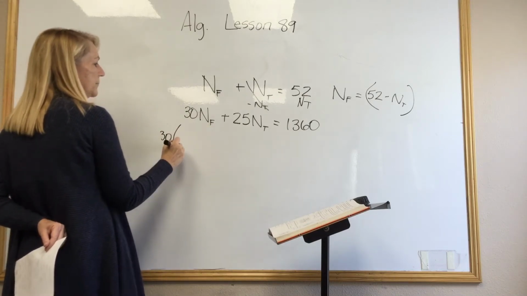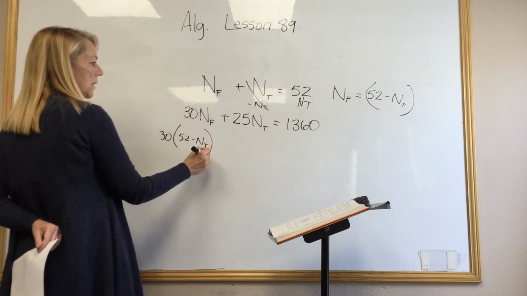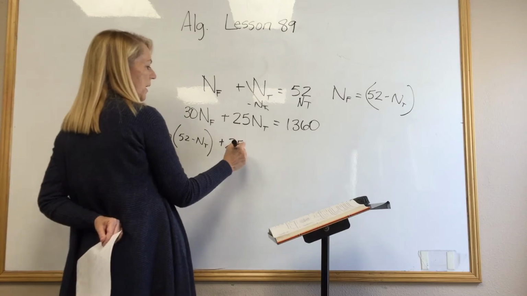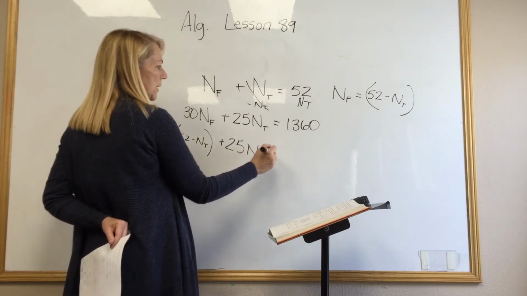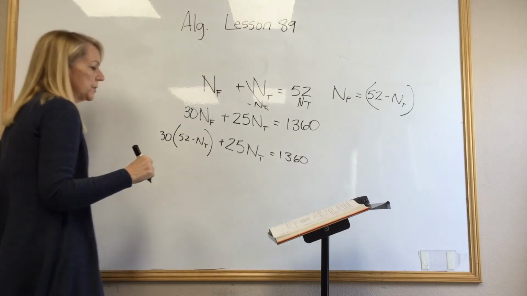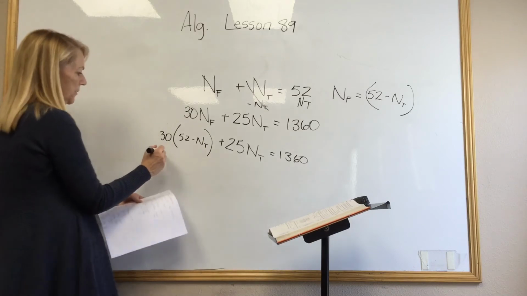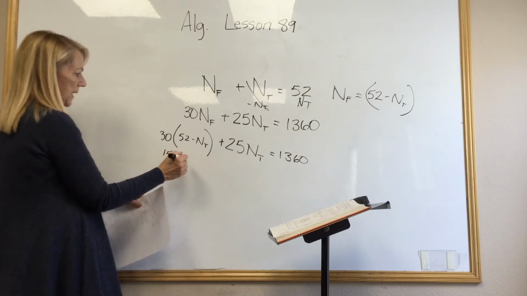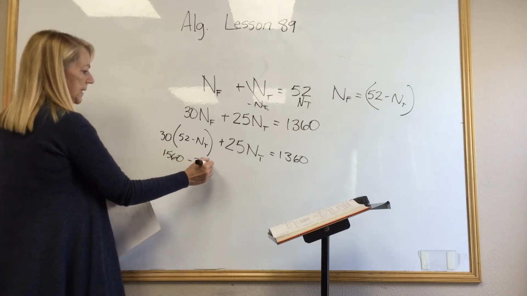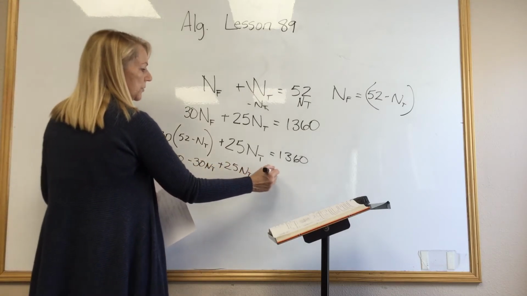So I'm going to rewrite my problem. 30 times 52 minus number of tourists plus 25 times number of tourist passengers equals 1,360. I used distributive property, and I did that ahead of time. So that's 1,560 minus 30 NT plus 25 NT equals 1,360.